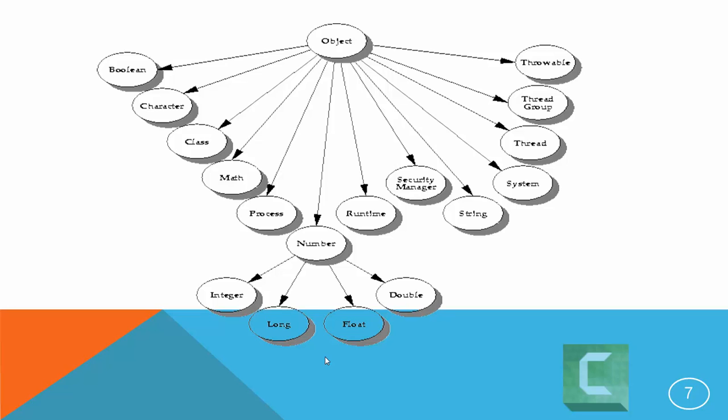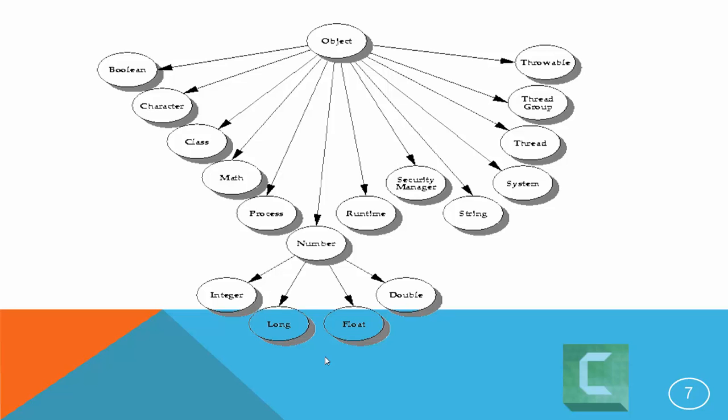These are the classes basically. And all the classes in Java extend from Object. Object is a kind of super class which is extended by every class in Java. There is not any single class which doesn't extend Object. So Object is the super class for every class in Java.